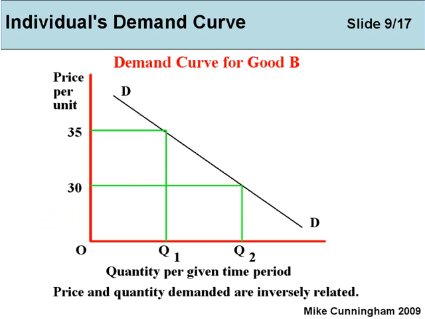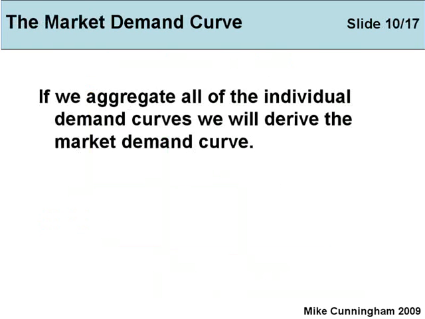We say people behave in that way because as the price goes up, we economize. We reduce our demand. If we aggregate over all the individual demand curves, then we would derive the market demand curve. Let's see how that happens.